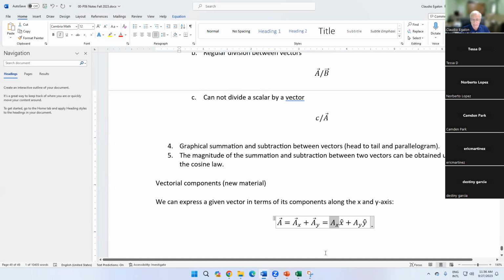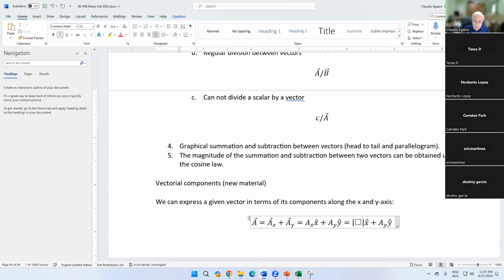Okay, it's A x, but I can also rewrite that in a different way. I can rewrite that in terms of the magnitude of the vector A. Here you go: magnitude of the vector A times the cosine of that angle that you saw before, theta.